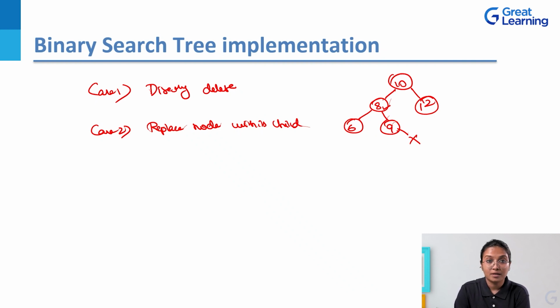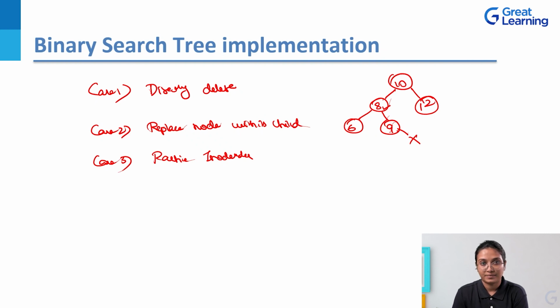I think you have to use the in-order method to find which one to replace, because 8 has 2 children. Coming to the third case, particularly, we have to follow the in-order method. So in-order traversal should be followed, and we check accordingly which one to replace and what to delete. Without replacement, we cannot delete and leave that particular node empty.